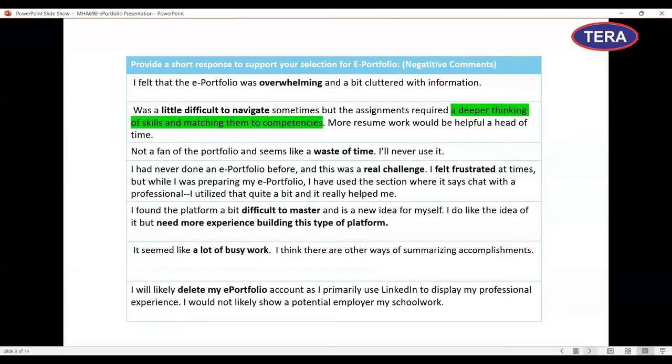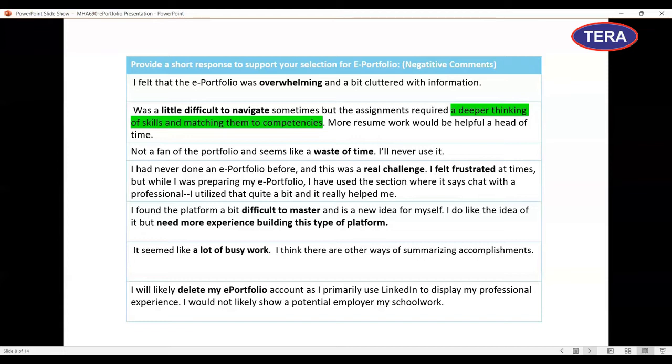Let's take a look at negative comments. It was overwhelming, difficult to navigate. Even though this student provided a negative comment, this student felt e-portfolio required deeper thinking of skills and matching them to competency.